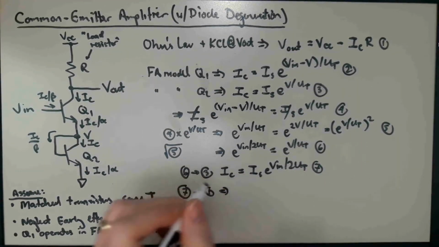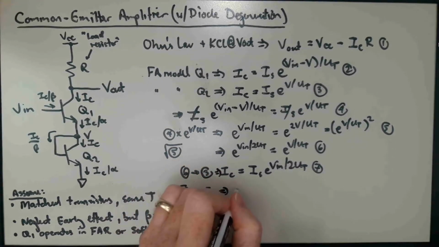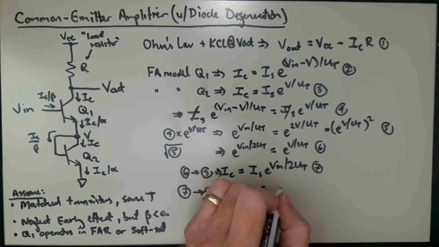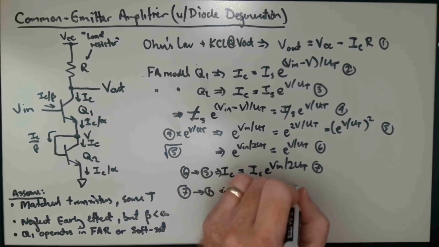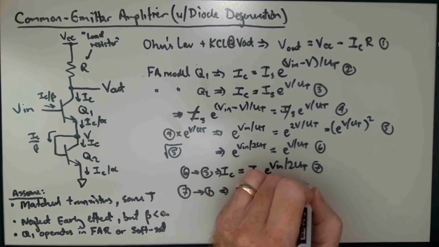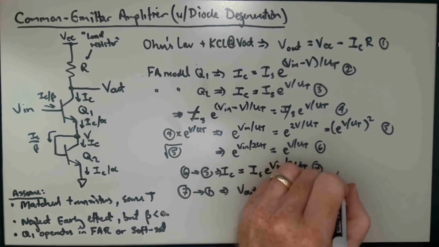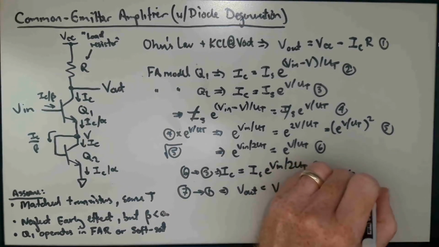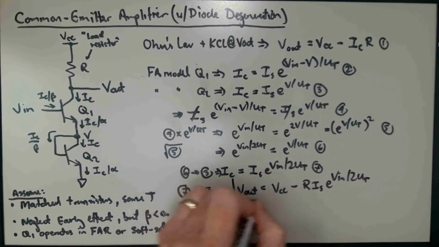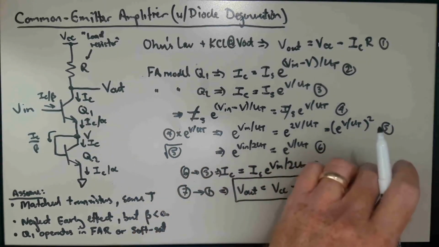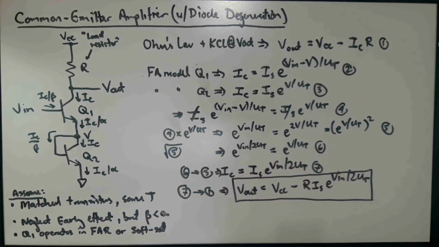That tells us that Vout is equal to VCC minus R IS e to the Vin over 2UT. And so that is our voltage transfer characteristic.